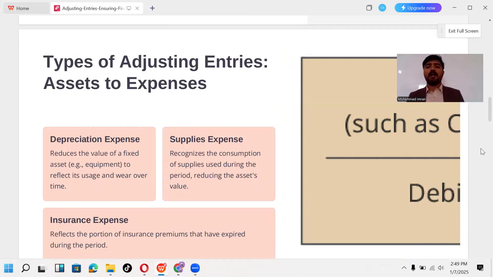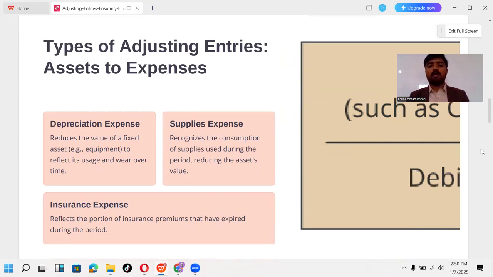As we obtain some assets like equipment or buildings, these asset accounts are debited and the cash which we pay is credited. Over time, as these assets are consumed, those expenses are debited, and the assets which are being consumed are credited.